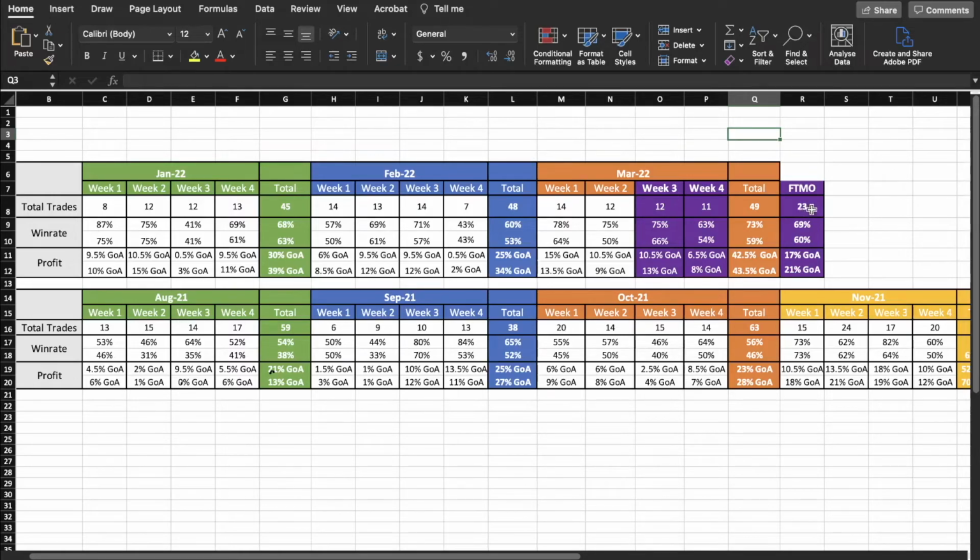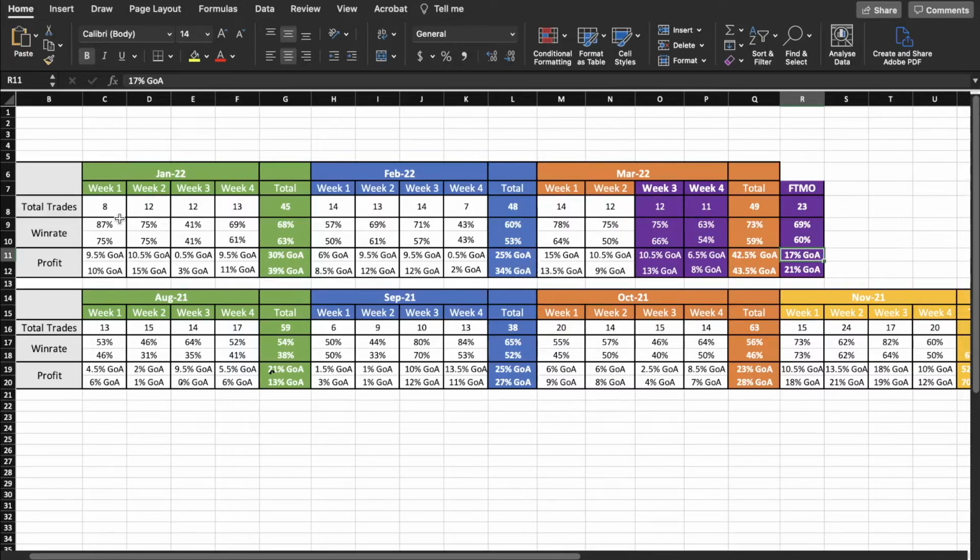I had a total of 23 trades where I used the 1 to 1.5 risk reward with a win rate of 69%, making a total of 17% gain on account during my FTMO challenge. And I pretty much passed it very early on, not even needing all 4 weeks that FTMO is offering you to pass the challenge, and started to make real profits with the strategy.